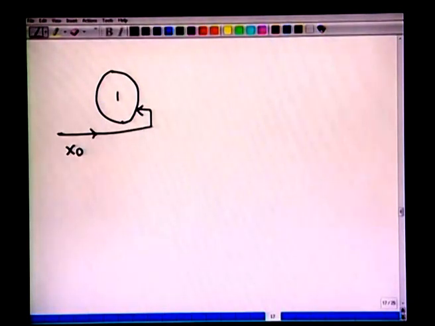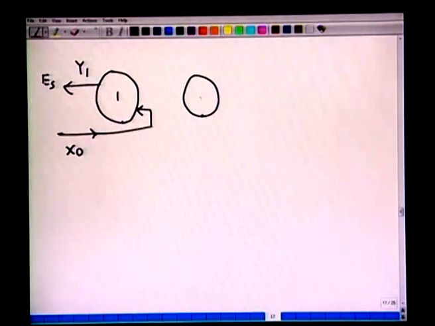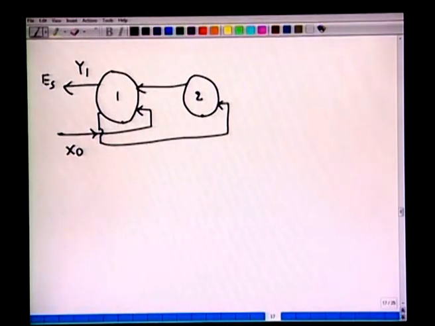Now it enters like this. Okay, and this stream which is leaving here is y1. This has a flow rate of Es. Let's draw the second stage, stage 2. Now this is the stream which leaves from here, it can go like this, and it can again enter this stage 2. This stream leaves like this with y2 composition.